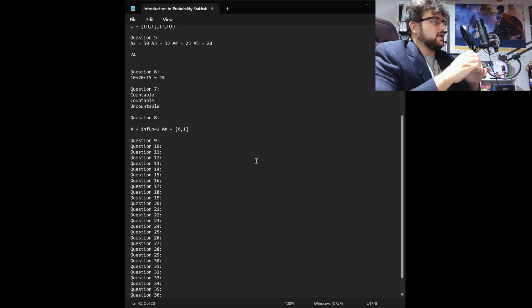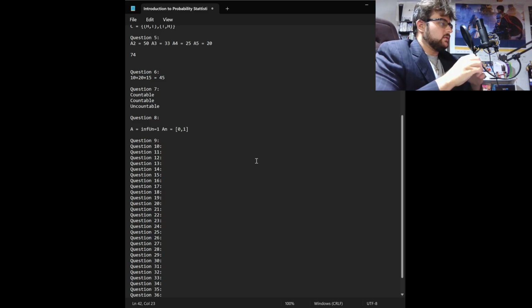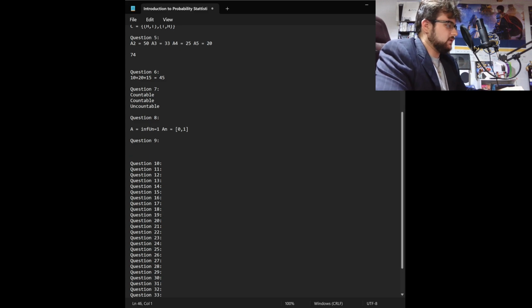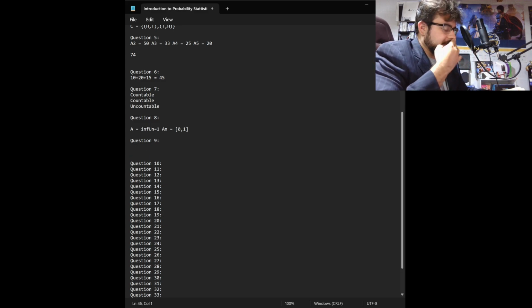Thus, you have a union of A and S, and that will lead you to a sequence where A is infinite, and then you have the limit as n goes to infinity of 1 over n, and then you apply L'Hopital's rule where you get A infinite equals 0, 1. Thus you get this. For these more difficult problems, I have notes from when I did them before this video.